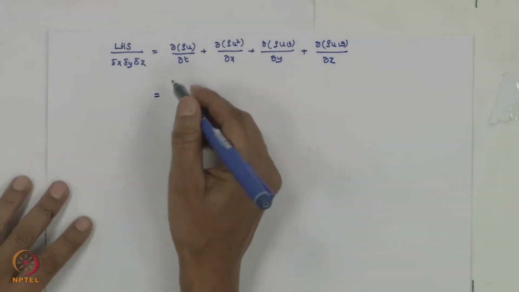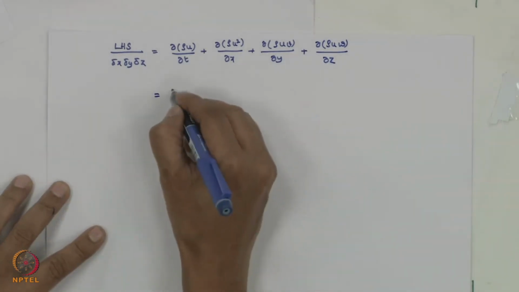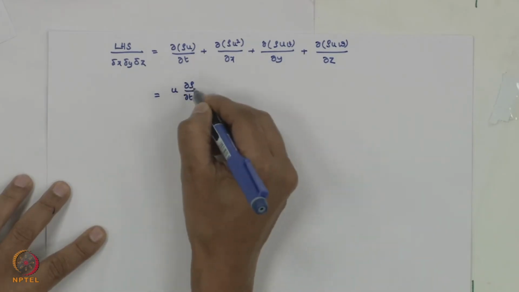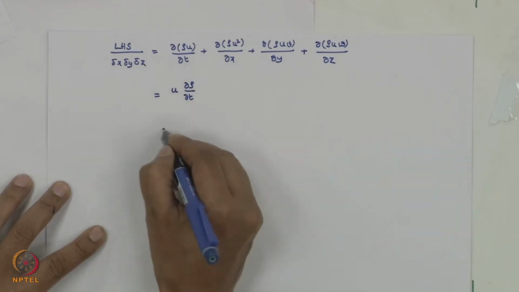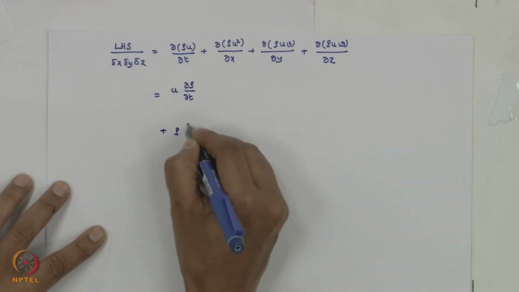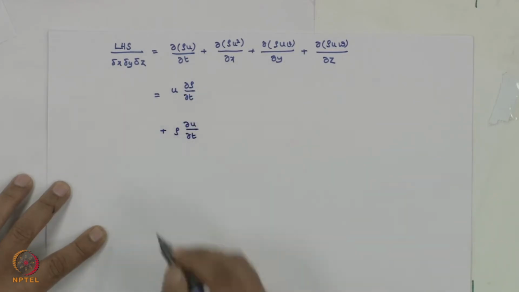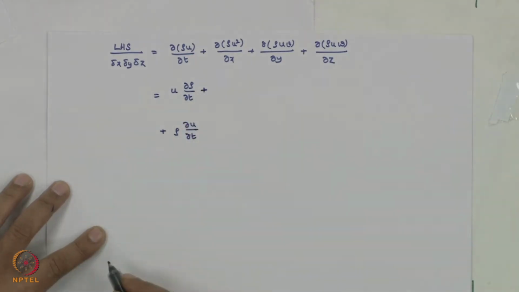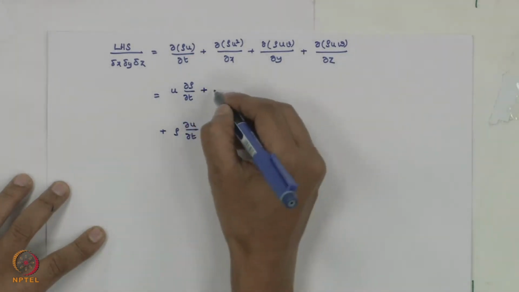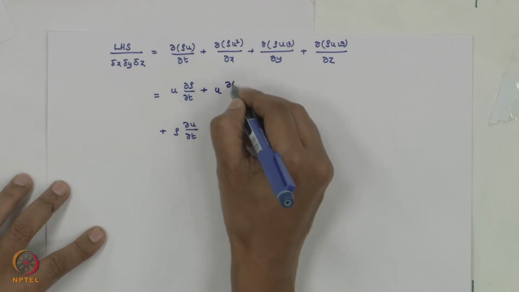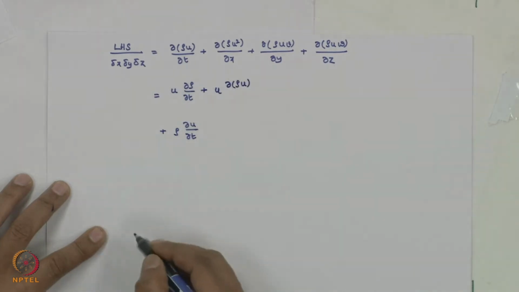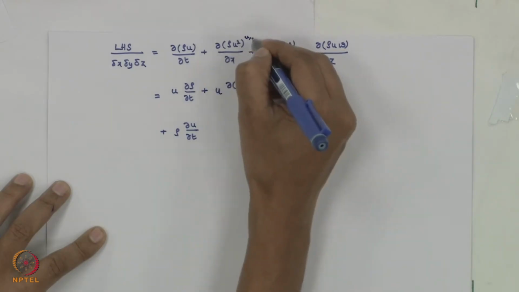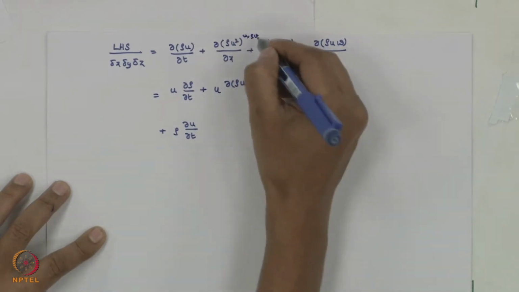Now let me expand this, that is u del rho by del t, that is I kept u constant and differentiated rho. Next term would be rho del u by del t, plus here I will keep u constant and keep rho u varying. So that is I have taken u comma rho v, rho u.